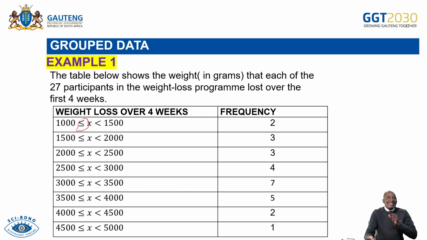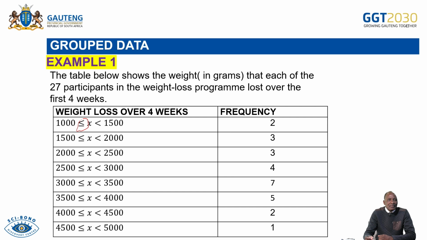It says strictly less than 1,500. You belong to that particular class exactly from 1,500. Those inequality symbols are not there by default. They are there by design, so that we can know where to place 1,500 if it happens that we have a 1,500 amongst the observations.